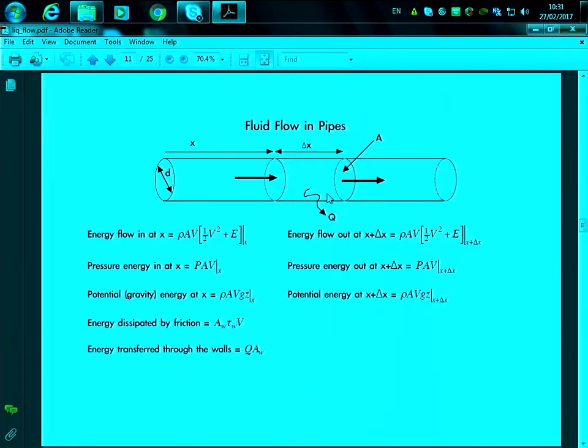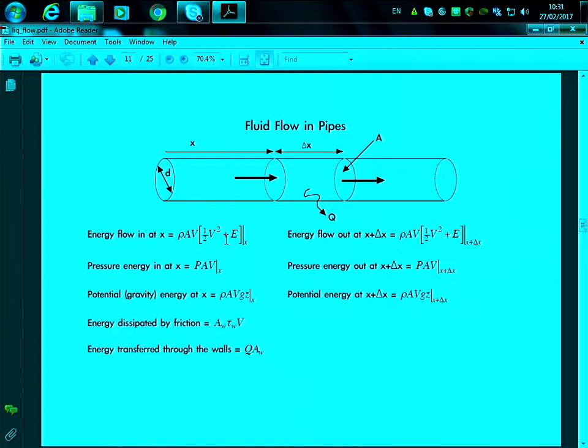The potential or gravity energy at X will be the density times the area, velocity, gravity, and Z. And then we have the energy dissipated by friction and energy transfer through the wall. So this is what is happening in this place. The energy dissipated by friction will be here, and the energy transfer through the walls will be here.